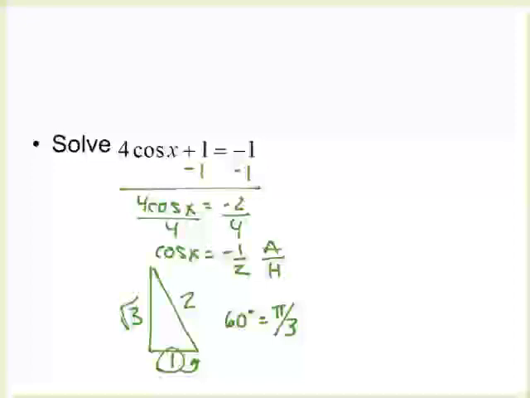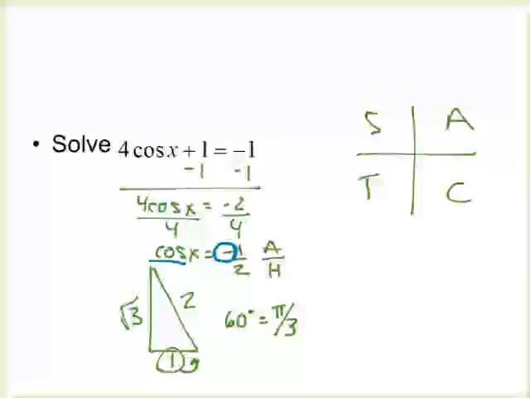That's step 2, to find our angle from our special triangles, either 30, 60, 90 or 45, 45, 90. Step 3 is to think about our ASTC quadrants. Now, in our equation this time, we are working with cosine, and it says cosine is negative 1/2.